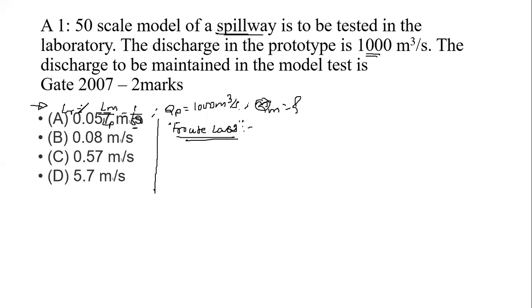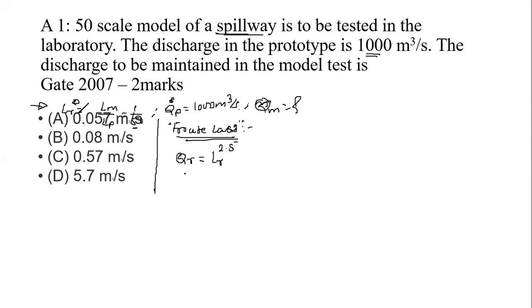Now we have to go for the utilization of the length scale ratio LR and the discharge scale ratio. Means we will be required to apply the relation between the length scale ratio and discharge scale ratio. From the Froude law, the discharge scale ratio QR is equal to LR raised to 2.5.